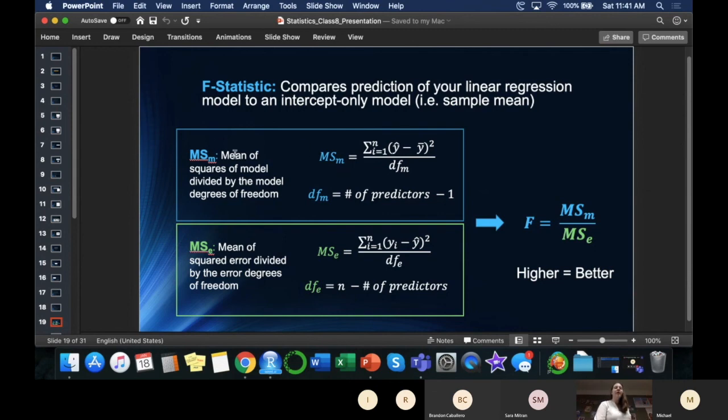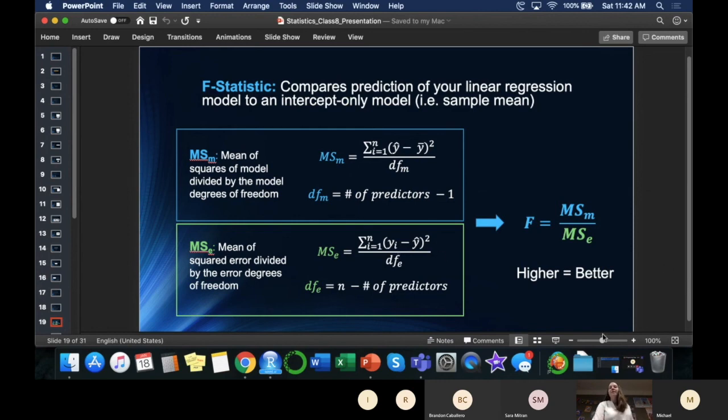This is the mean squared of the model, so the sum of squares of our model is what we're looking at here. It's the variation explained by our model over the mean squared error. In this case, this is comparing it to the mean. So how much information does our model add versus the mean? Then our denominator is going to be the error. So how much are we missing between our predicted and our actual values here?